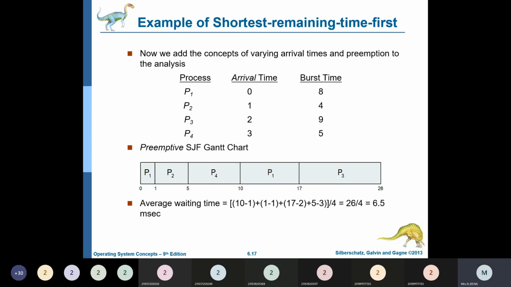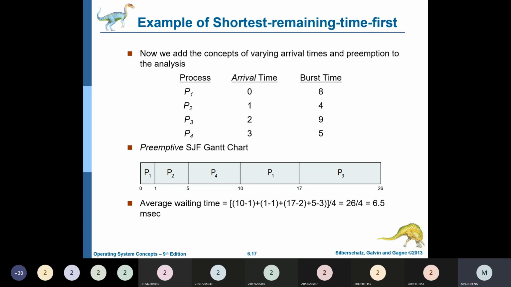So what happens here is, seeing the arrival time, P1 arrives first. Then P2 arrives, since the arrival time of P2 is 1. Then the same way P1 till P3 is allocated.